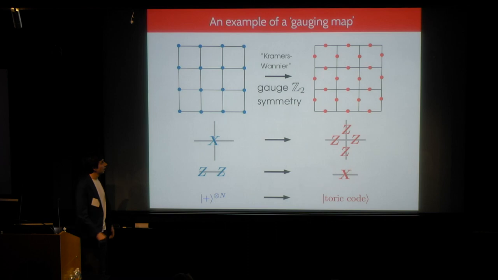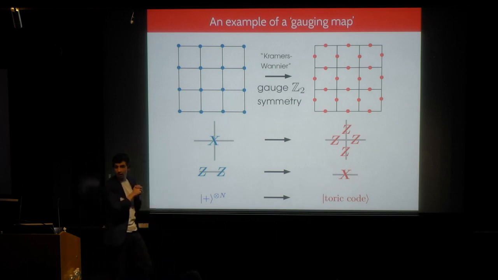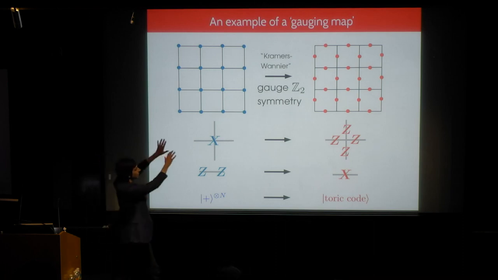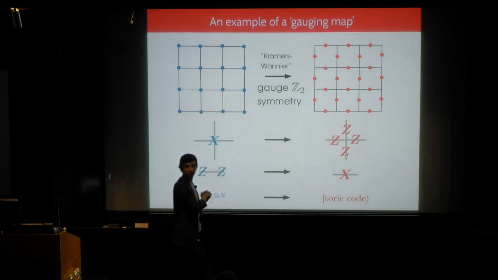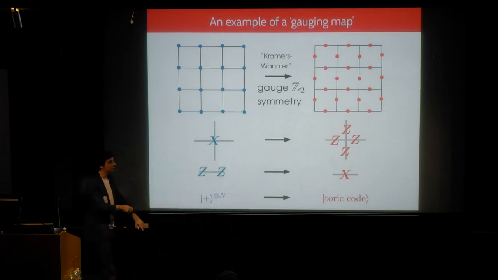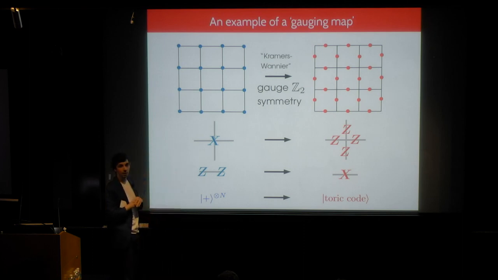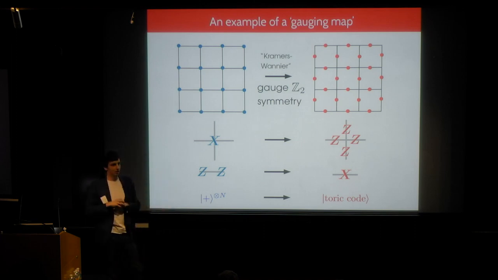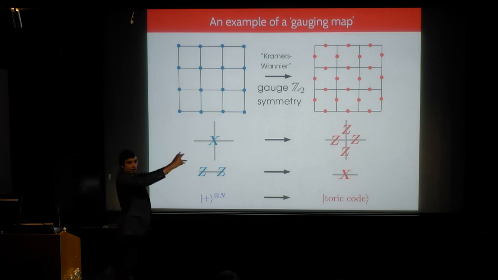And basically, any quantum state you might have on this lattice, as long as there's a global Ising symmetry, there's a well-defined map that maps it to a quantum state on this different configuration of qubits living on the links of the square lattice, and the map is very non-local. It's the so-called gauging map. As the name suggests, the original wave function has a physical symmetry, like say sigma x on all sites, and the map will in some sense gauge it.